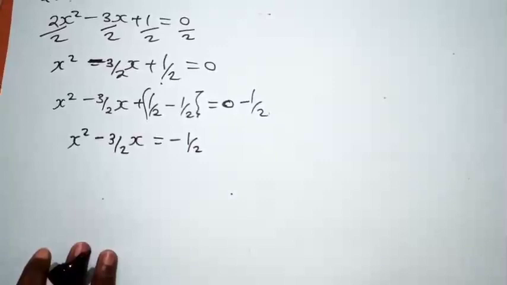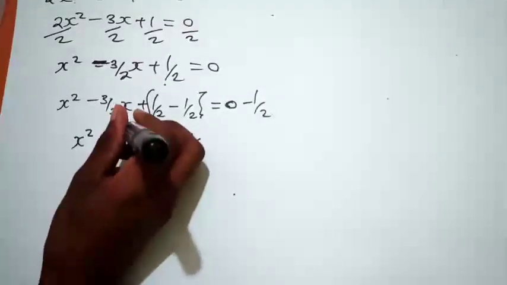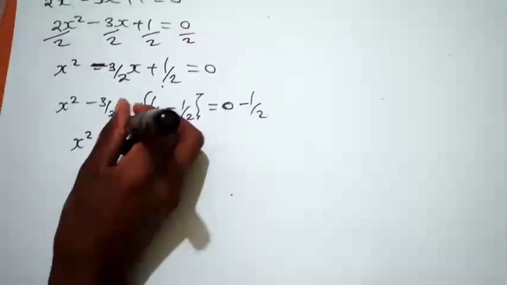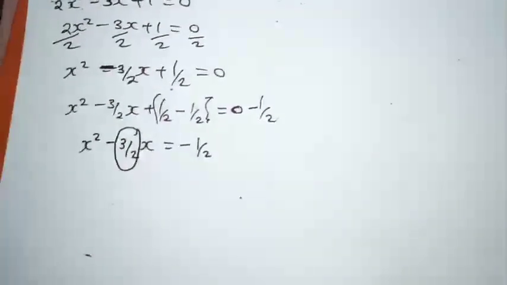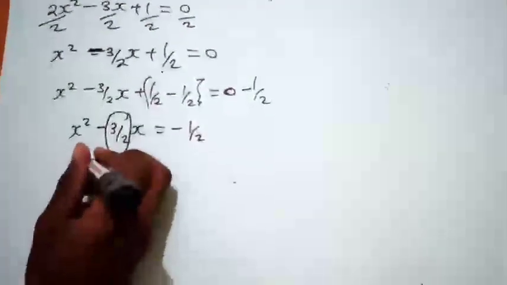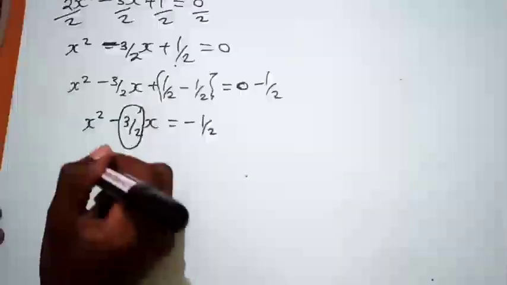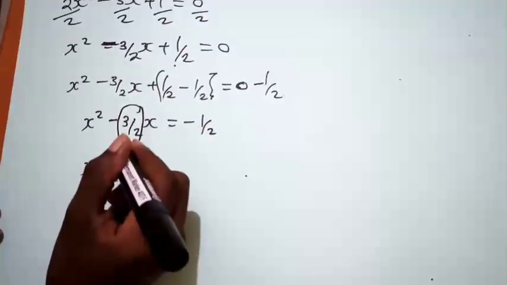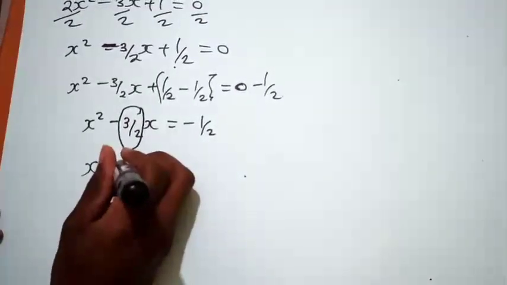The second part of what we are supposed to do is take this coefficient, divide it by 2, then square it. So we are going to add it on both sides. We are going to have x squared, and we remember the sign we have is a negative sign, so we take the negative sign with us.